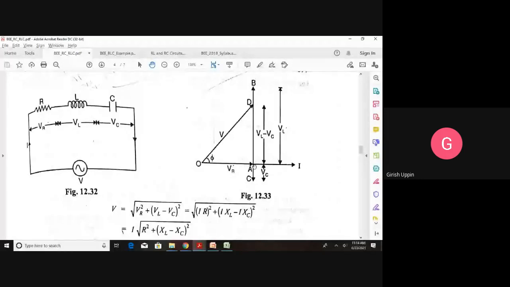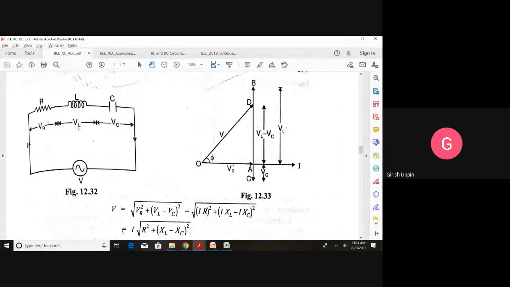Now, how do you write the VL? We know that in case of a pure inductor, the current would lag the voltage by 90 degrees. Now, from point A, you will draw VL like this. AB represents the VL, the voltage across the inductor.